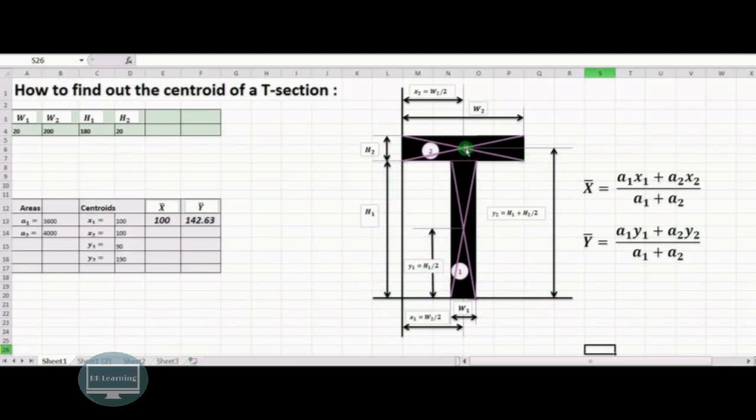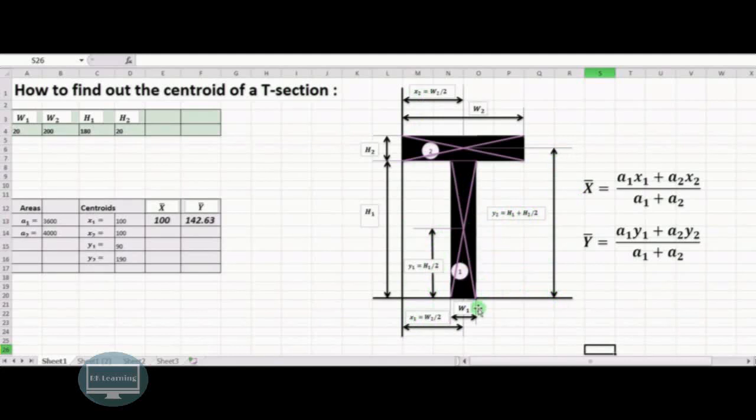Then the distance of the centroid of the second rectangle from the reference is y2. It will be equal to h1 plus half of h2, so y2 is equal to h1 plus h2 upon 2. In this way, we can find the values of x1, x2, y1 and y2.